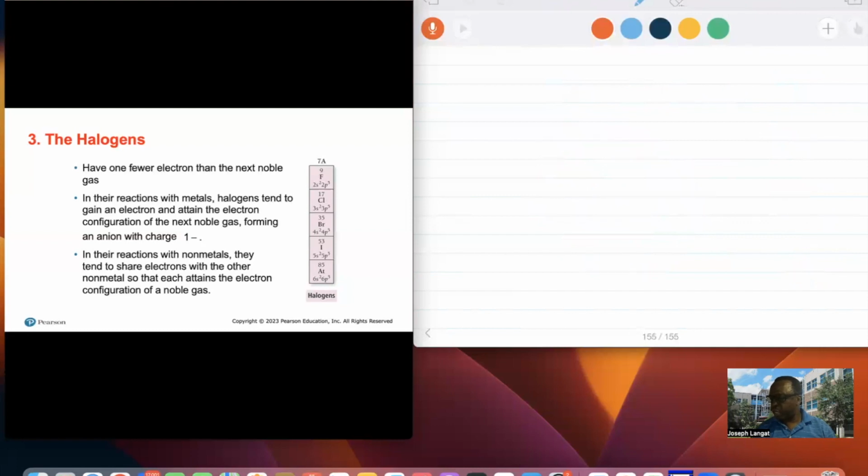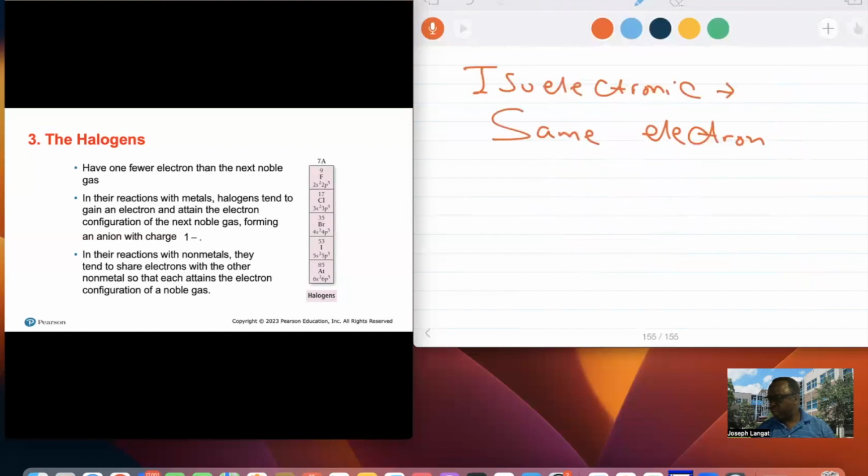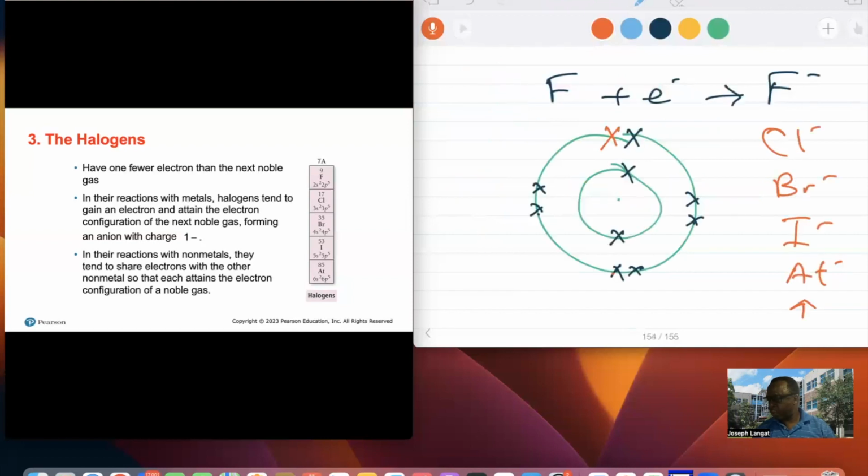Isoelectronic means same electron. So here, all these we see here, we say they are isoelectronic to fluorine.